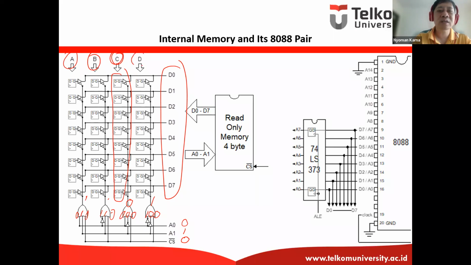Okay, you want to access column B. So in one combination of the address bus, only one set of memory can be selected. Okay, I hope that gives you an insight into how the memory works.